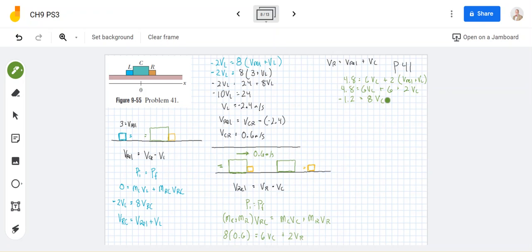Now, one thing I like about this is you're going to notice right away that we have a negative value here, which seems like all of a sudden this might be moving backward.